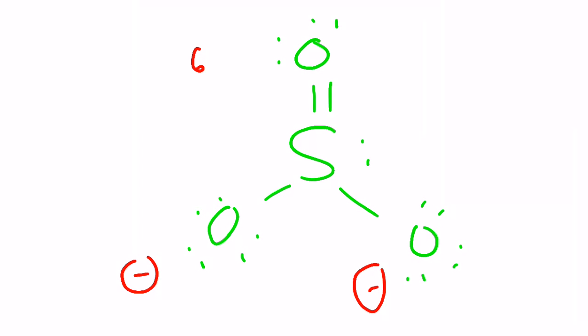Oxygen is 6 minus, there's 6 electrons assigned to it. So it has a formal charge of 0. And then this sulfur here, also in group 6, has 1, 2, 3, 4, 5, 6 electrons assigned to it now. So it's going to have a formal charge of 0.